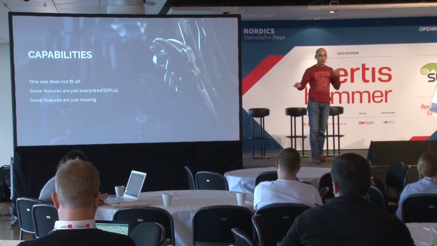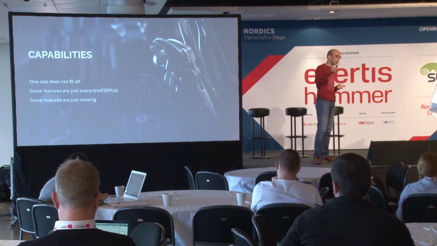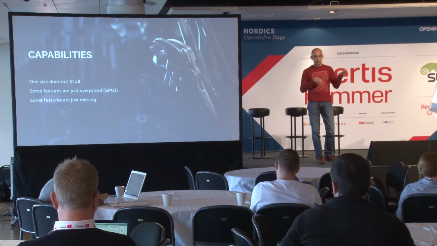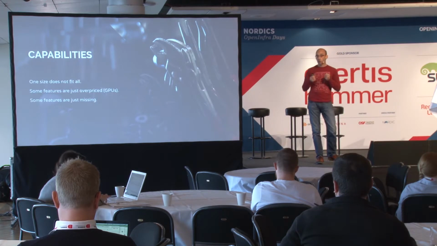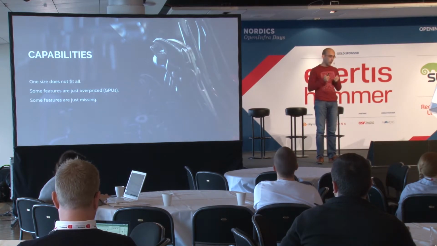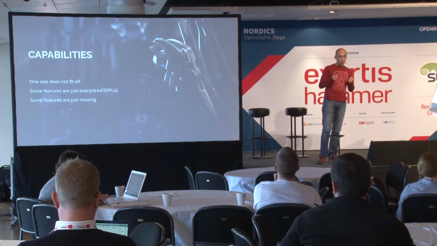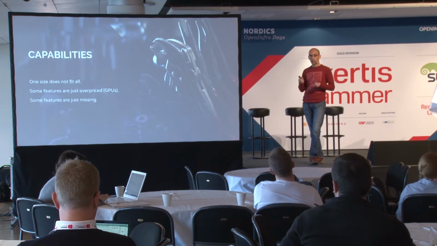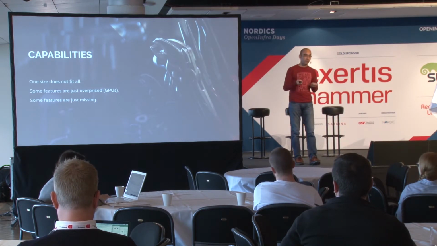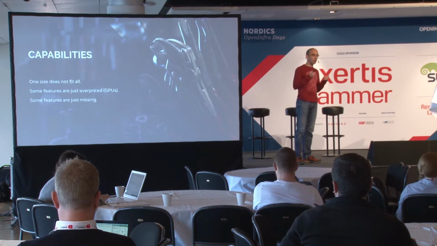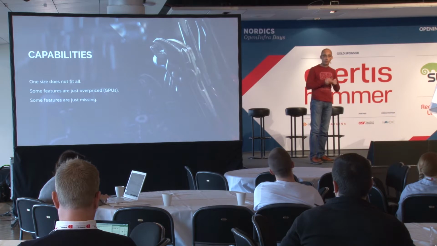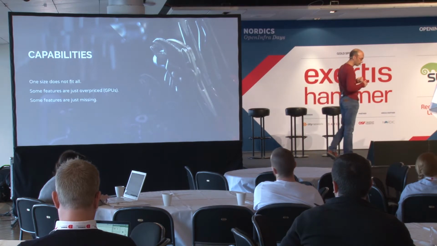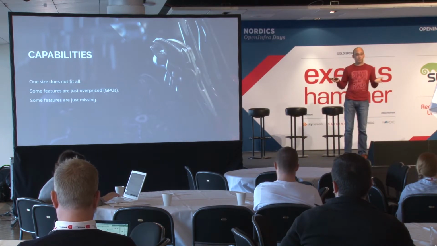We're seeing memory-optimized instances, we're seeing I/O-optimized instances, we're seeing GPU instances, we're seeing bare metal instances. Clearly, one size does not fit all. And some of those features are quite costly if you try to run them out of public clouds, because they are more difficult to run at scale with the same margins as your standard size VM. And some of the features are just not present.